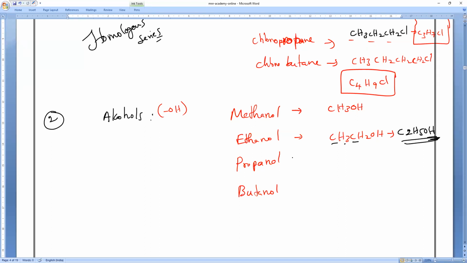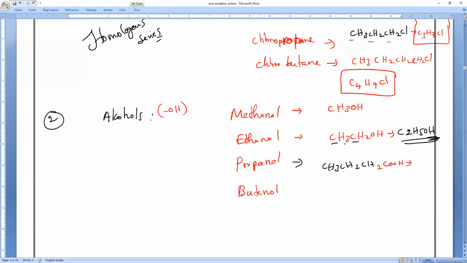This is only what they'll ask in the exam. Propanol, one more CH2 you have to increase. That's all. CH3, CH2, one more CH2, COOH. CH2COOH. So what is the name of this?